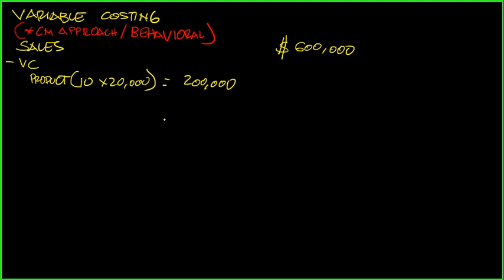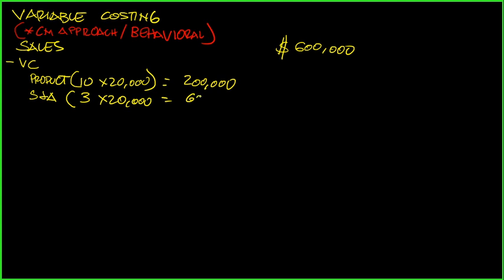And then you have the period cost, no? Your variable selling and administrative expenses, which is 3 per unit times 20,000.